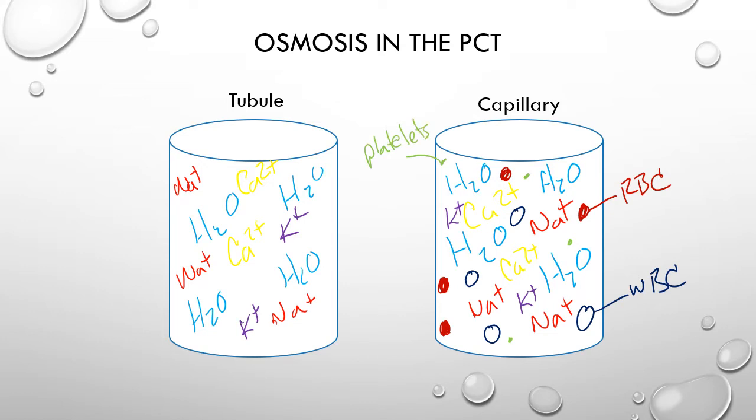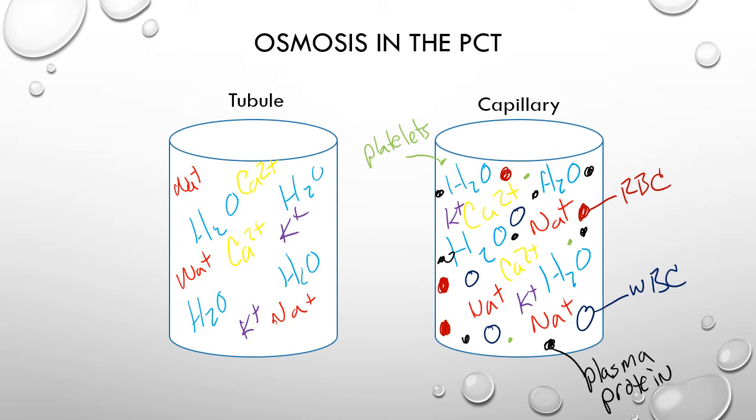And then the last thing that we're going to have here, find one more color, is proteins. So we've got our plasma proteins over here as well. So we've got our plasma protein here also.